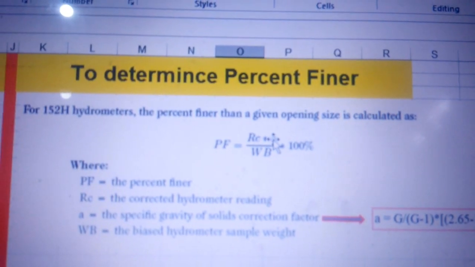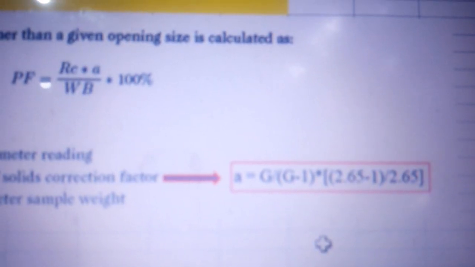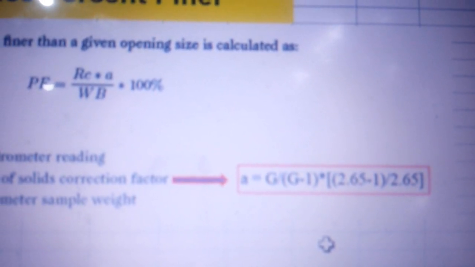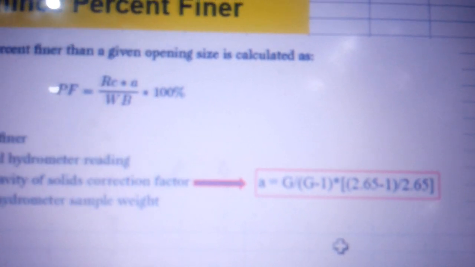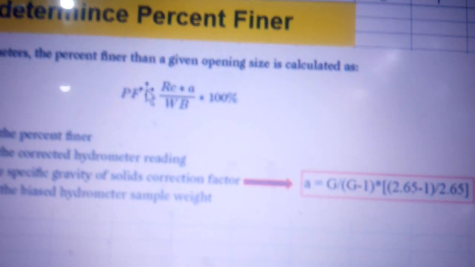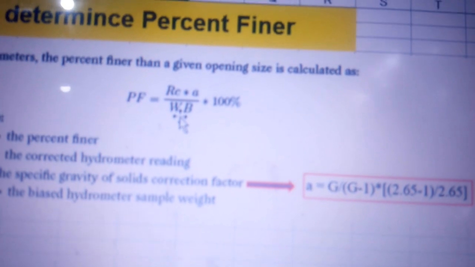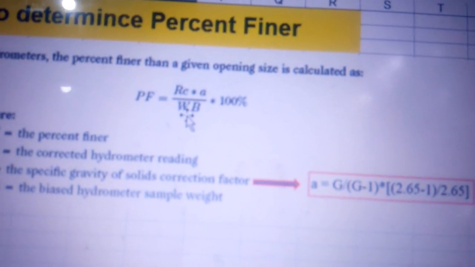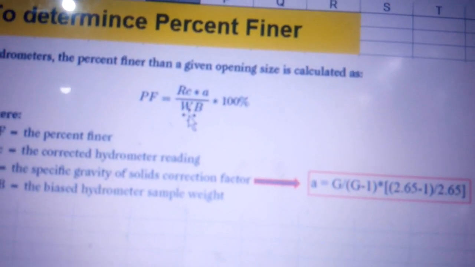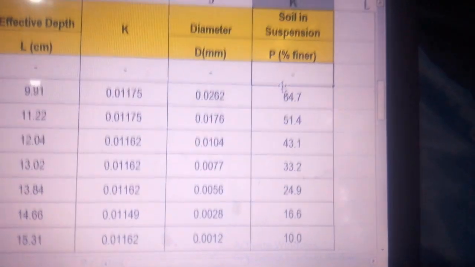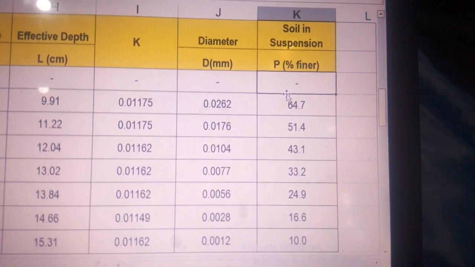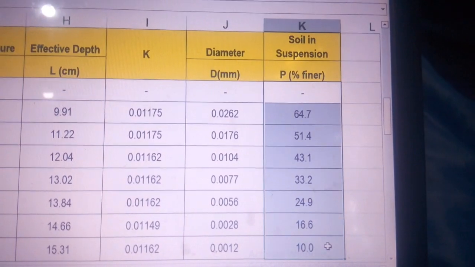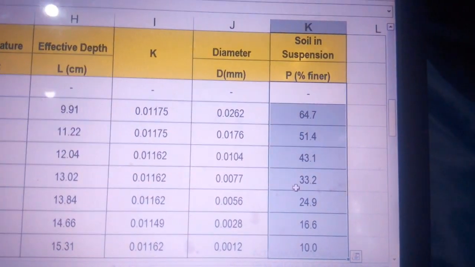A is the specific gravity correction factor. For this, I can use this formula: A equal to G divided by G minus 1 into 2.65 minus 1 divided by 2.65. Wb is the dry sample weight. In my case, this is equal to 50 gram because 50 gram of the material I have taken. So putting all the required values into that particular equation, we will get the percent finer data.